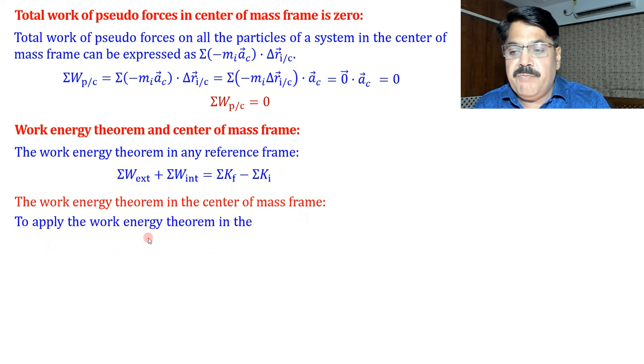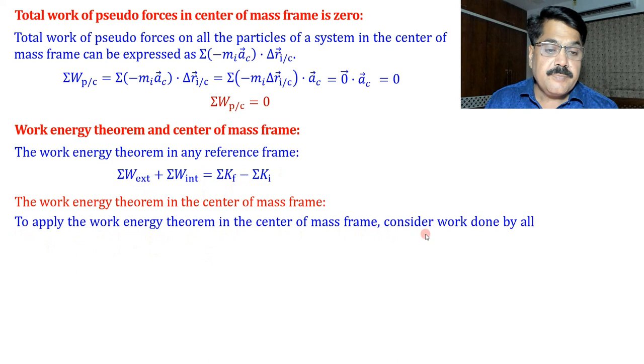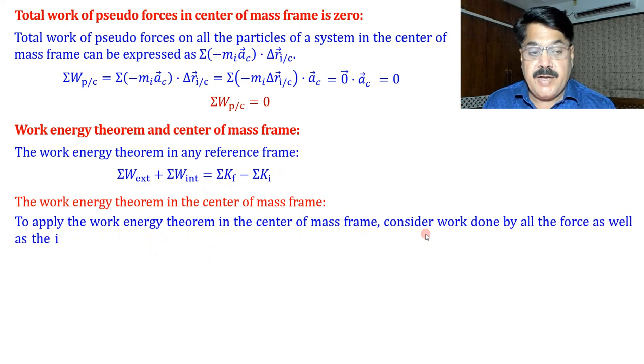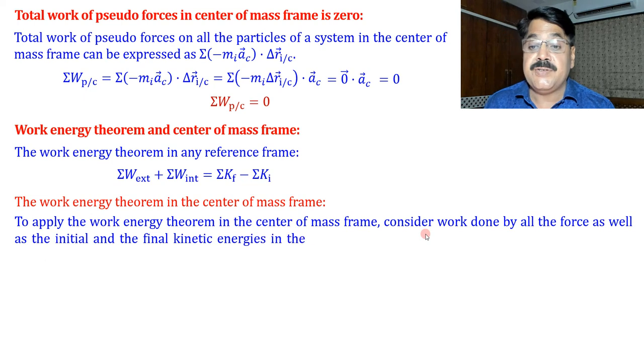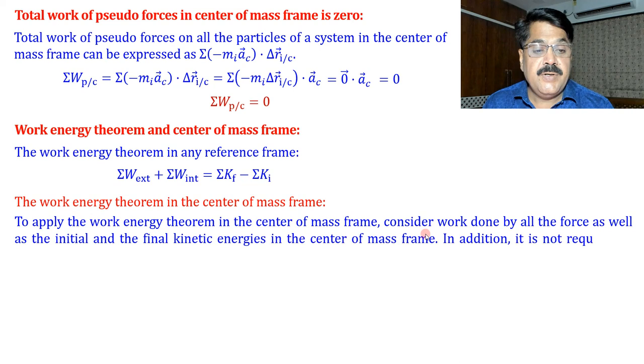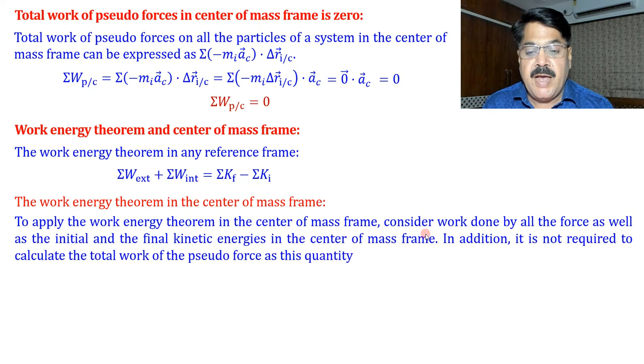To apply the work energy theorem in the center of mass frame, consider work done by all the forces as well as the initial and final kinetic energies in the center of mass frame. In addition, it is not required to calculate the total work of the pseudo forces, as this quantity is 0 in the center of mass frame.